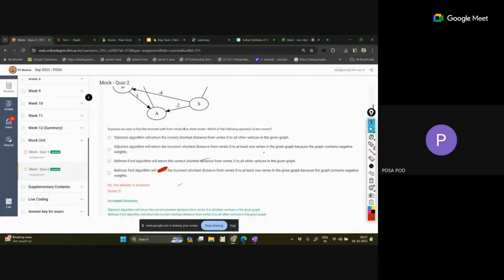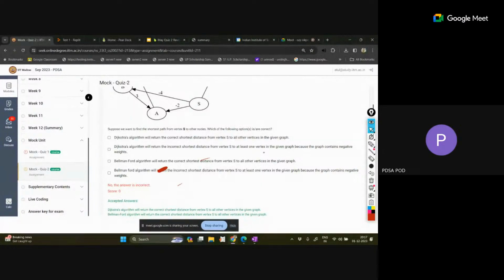Third, Bellman-Ford algorithm is given. Bellman-Ford definitely works because it is designed that way, returning the correct output if the graph contains negative weights but not a negative weight cycle. So option C is correct, but we have to check options A and B.